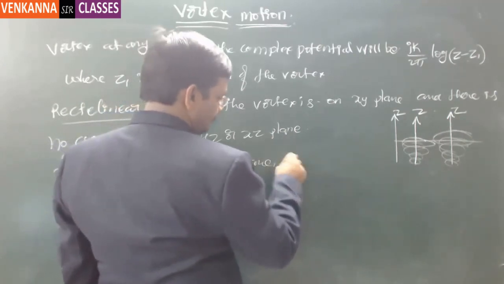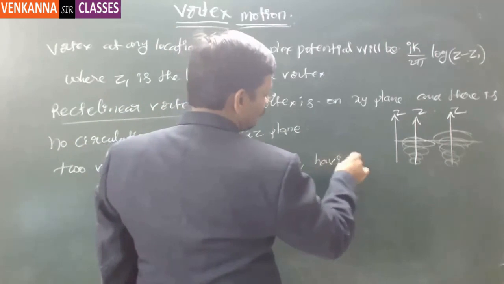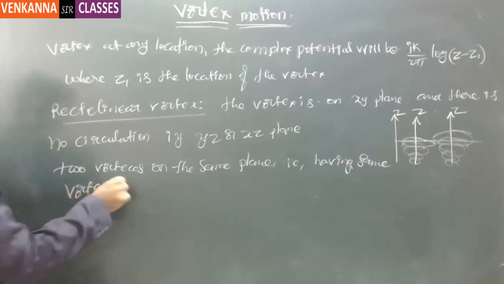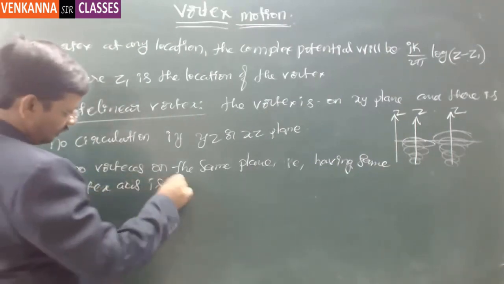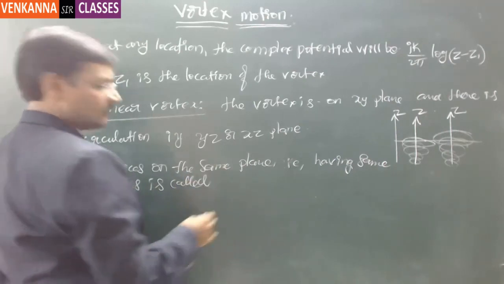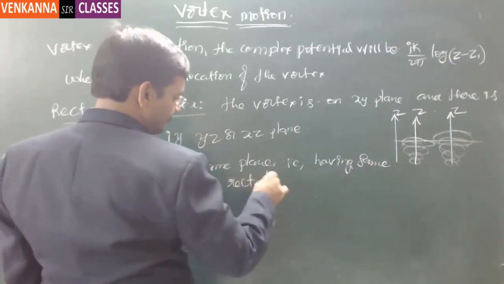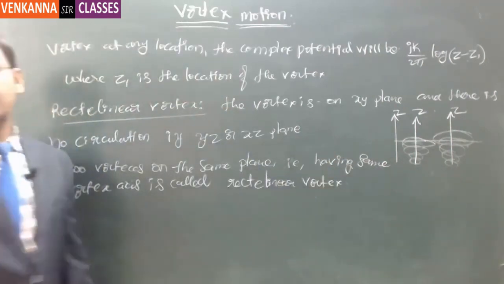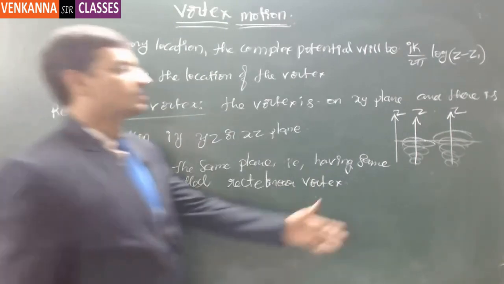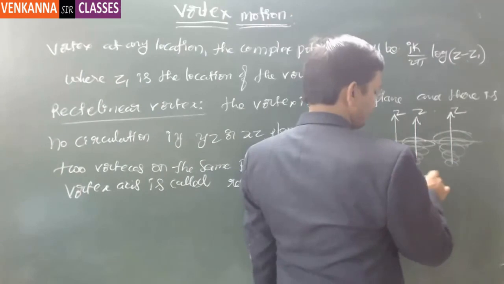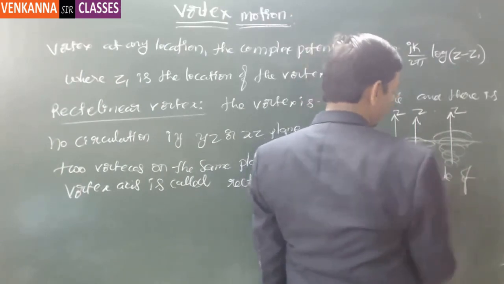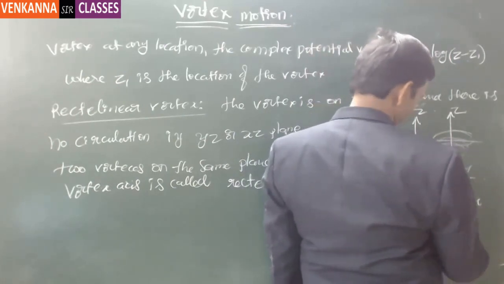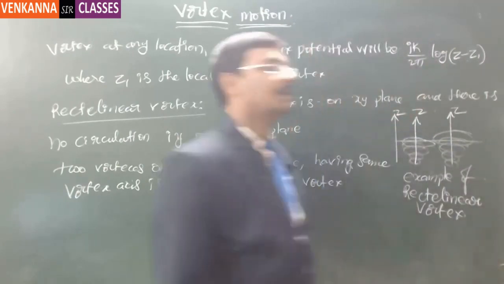That is called a rectilinear vortex. Got it? So these two are rectilinear examples. So this is an example of a rectilinear vortex.